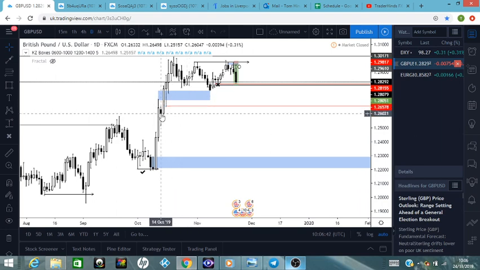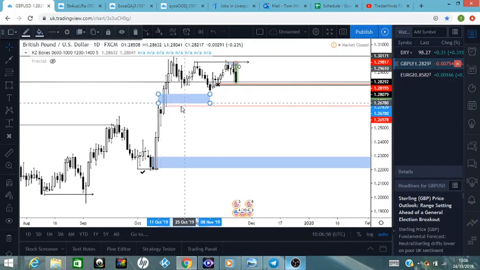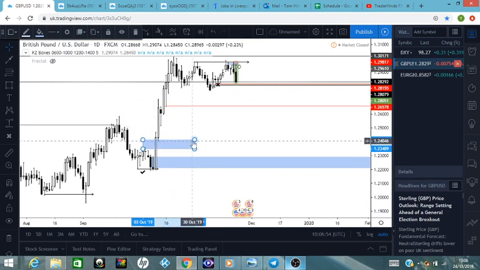If this low is taken, this was a support level, I just call them order blocks as an ICT influenced trader, then possibly we could fill this fair value.